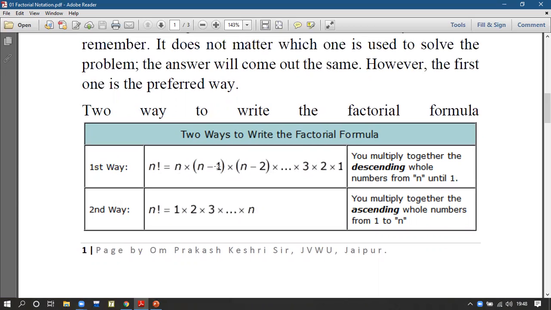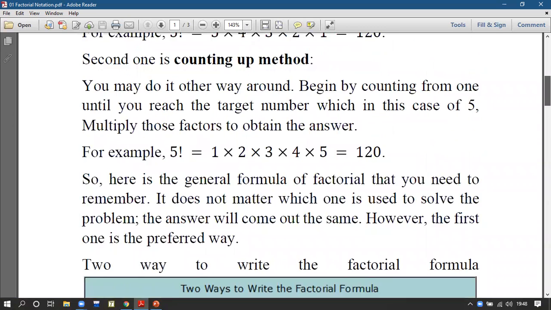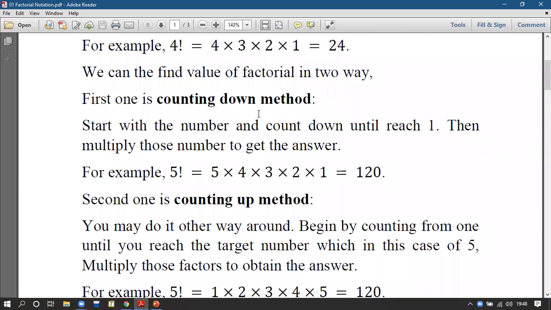This is the counting down method we have discussed. That means 5 can be written as 5 into 5 minus 1 into 5 minus 2 into 5 minus 3 into 5 minus 4, finally reaching 1.